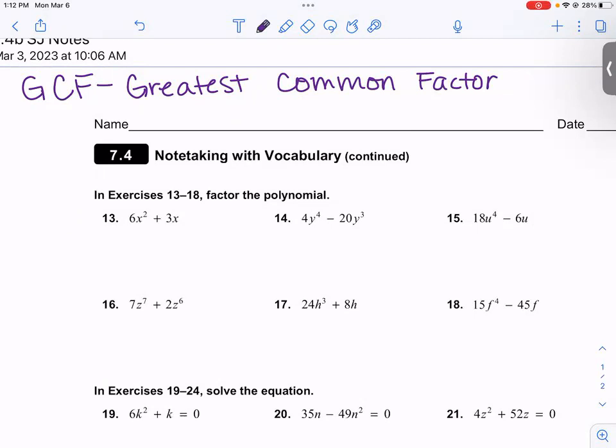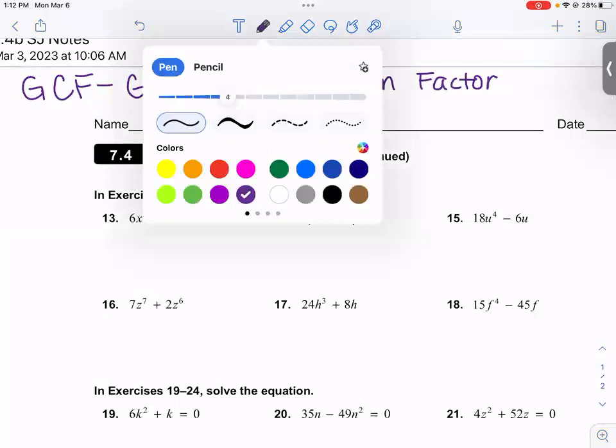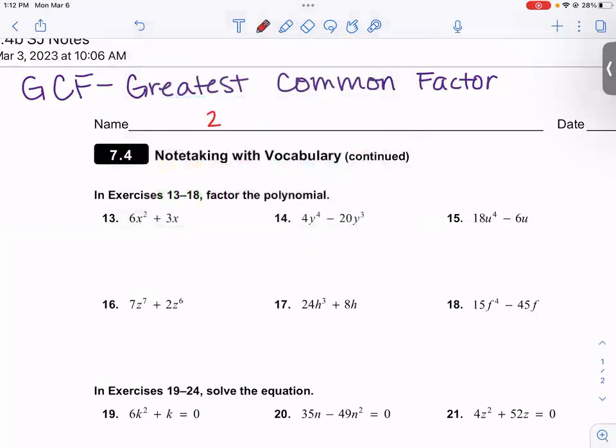Okay, so let's go back to, if I had 22 plus 55. 11 is our GCF. So if I wanted to factor out our GCF, I could write this as 11 times 2 plus 5.